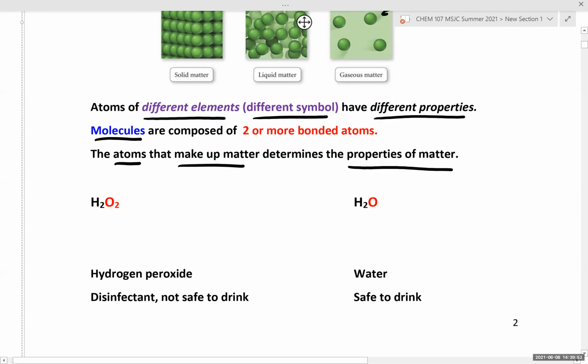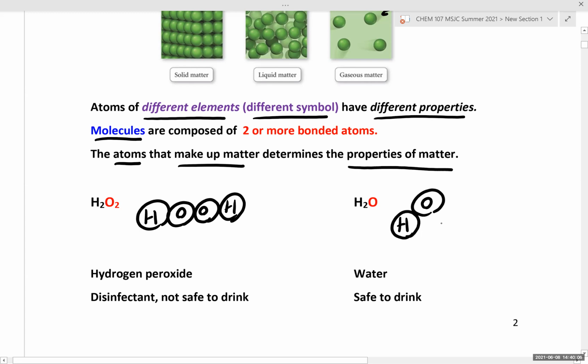An example that we've encountered in our day-to-day lives is hydrogen peroxide, H2O2, which is a disinfectant. It is not safe to drink, while water, H2O, is perfectly safe to drink. As we notice, the composition of matter, the exact atoms bonded together to make hydrogen peroxide versus the exact atoms bonded together to make water, directly determine the properties.